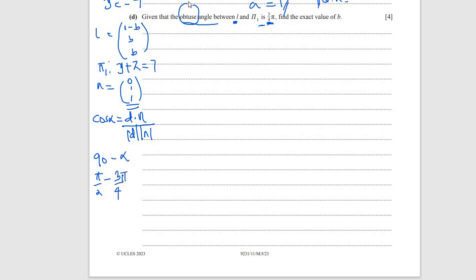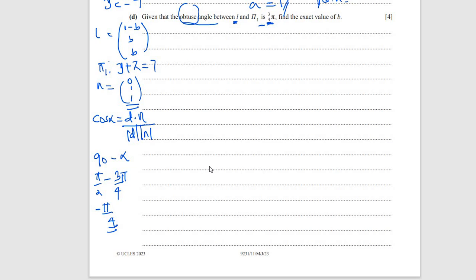When you subtract this, the LCM of 2 and 4 is 4, so pi over 2 minus 3 pi over 4 will give us minus pi over 4.